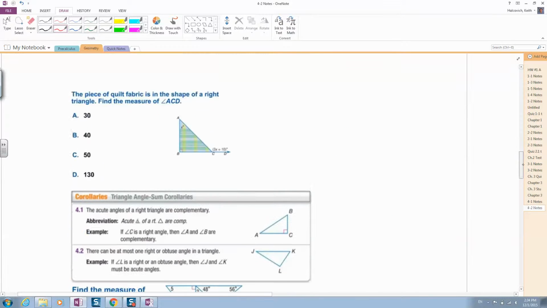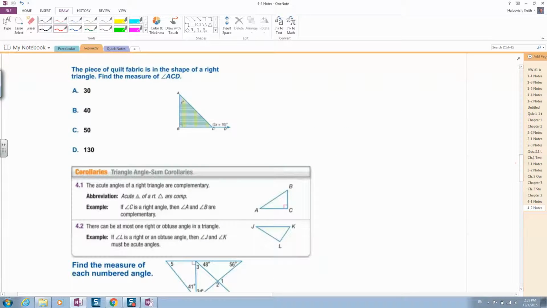All right. So next, we're talking about the piece of fabric in the shape of a right triangle and the measure of angle ACD. Well, here, ACD is 3x plus 10, and that's equal to the sum of the 2 remote interiors, which is x plus 90. So subtract 10, and then subtract x, and you get 2x equals 80 and x equals 40.